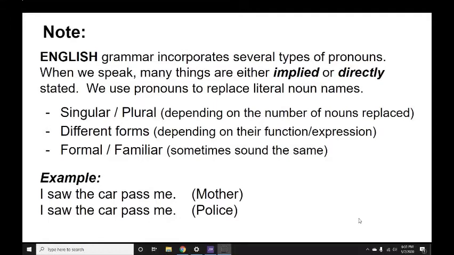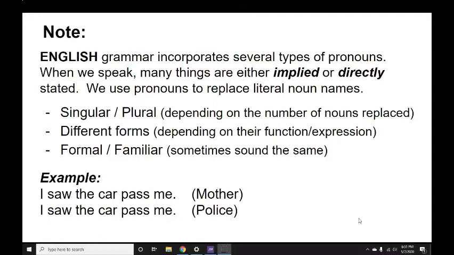And then we have formal or familiar tone in English that we don't really pay attention to. It's more implied. So when we're speaking to someone that we're familiar with, we say things one way. We may say the exact same statement with a whole different implied level of respect.